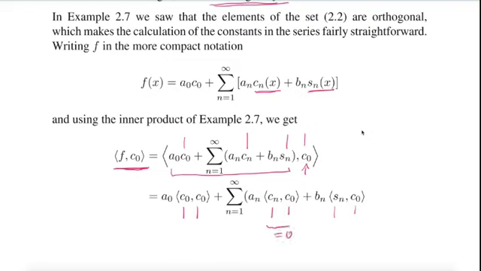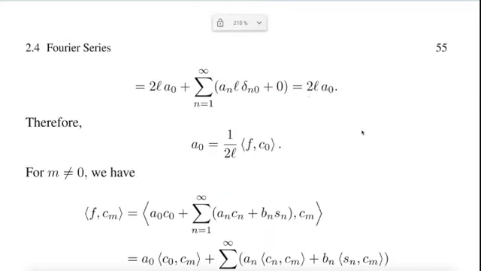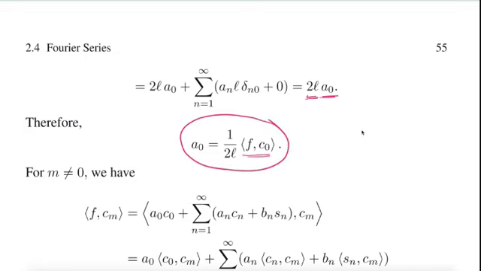This is 0, and this is 0, which is something we have shown before. Only with the same index we get something, and in this case we get 2L. So we get 2L from the first term, and of course we keep the coefficient a0. But then we can solve this for a0. We find the coefficient to be the inner product of f with C0, multiplied by 1 over 2L. So if we know f, we can indeed compute a0 by just doing this one integration.